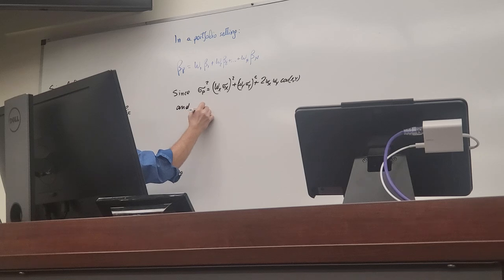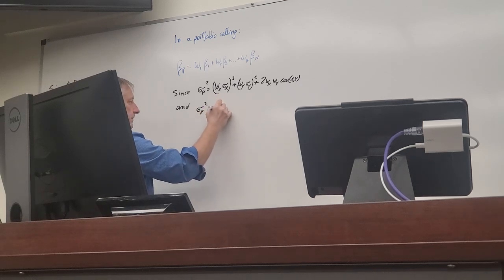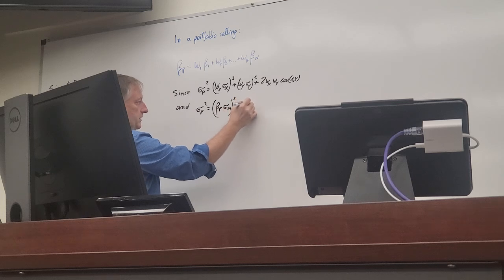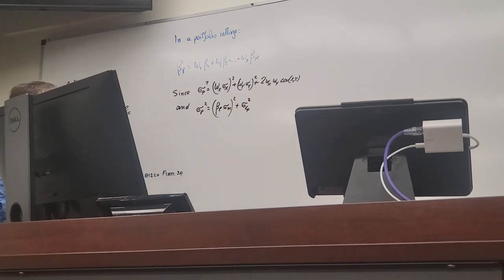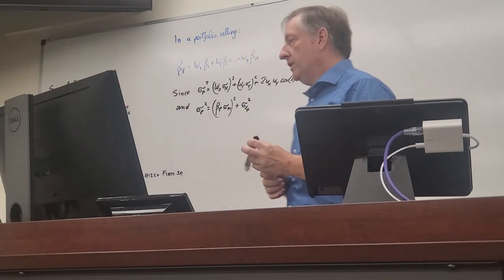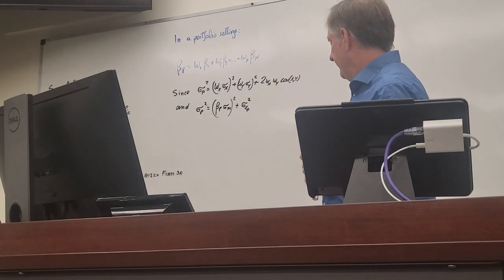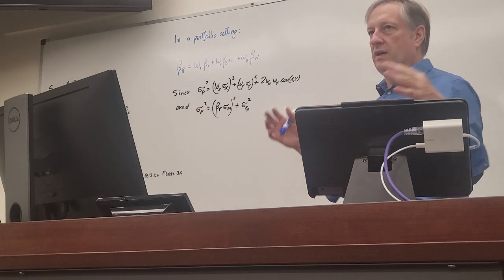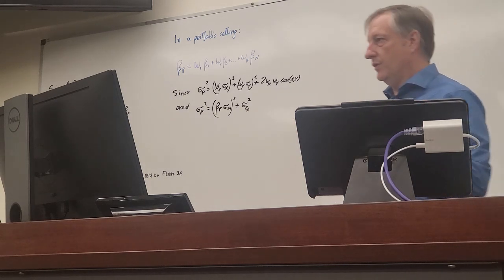And sigma p squared can also, according to this model, be written as beta p squared, sigma m squared plus sigma EP squared. And then you can use those two equations combined together to figure out the diversifiable risk that is contained in a portfolio.